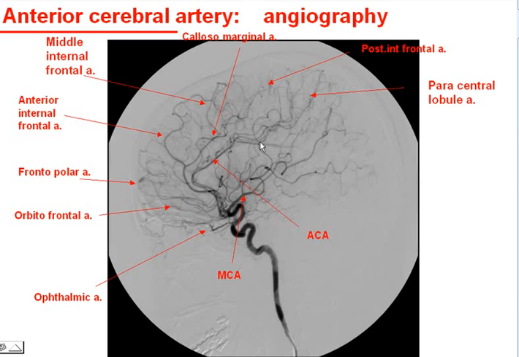When you see this, it is the communication from the ACA to the dural branches. The dura is very stretched and straight in form, not like the surface of the brain. So if you see a very straight artery coming out from this ACA, this is the communication to the dural branch.